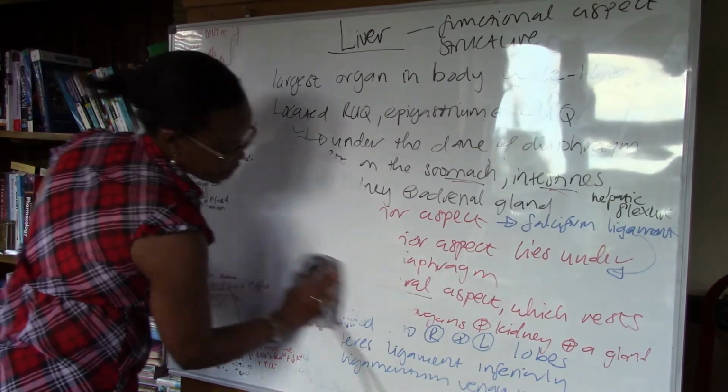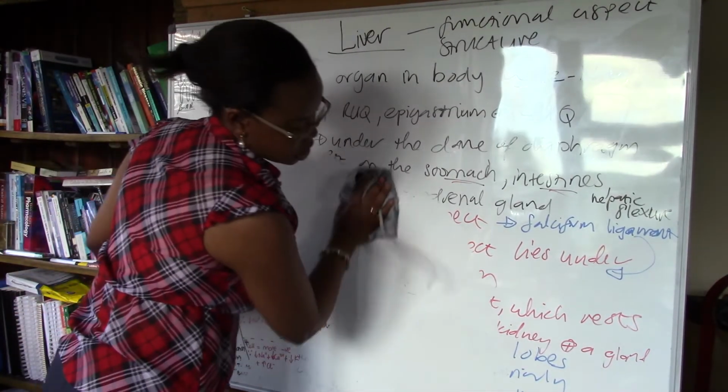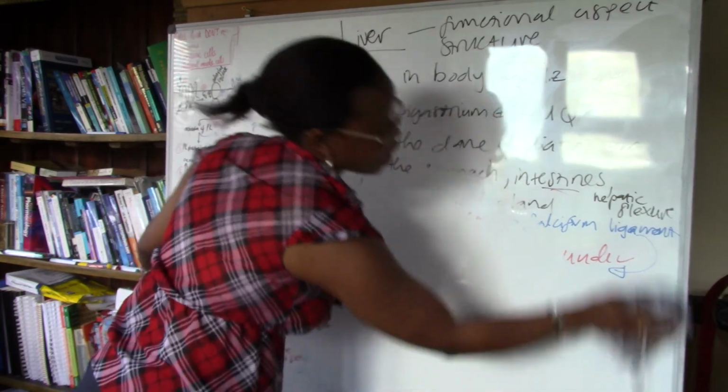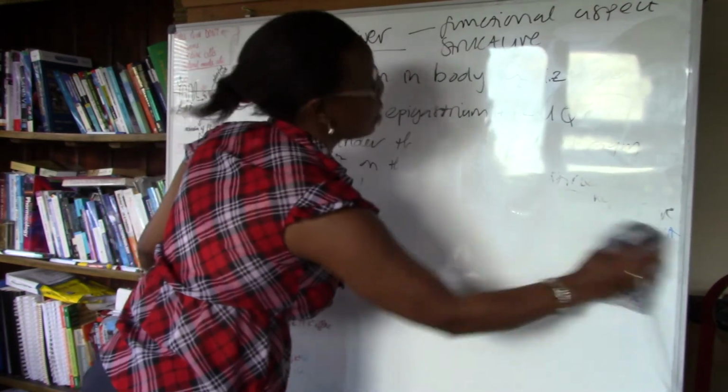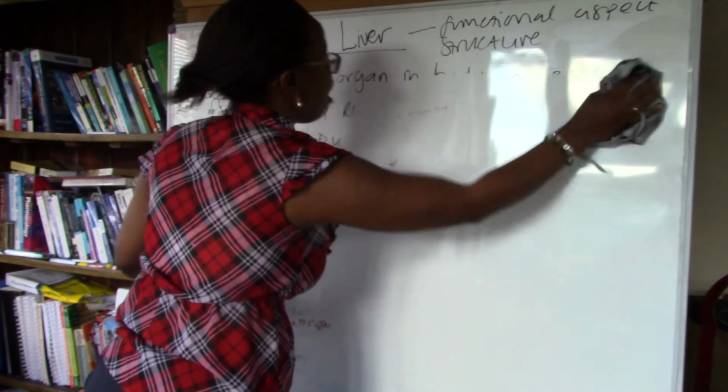I've already mentioned the IVC, which is the inferior vena cava, which collects the blood from the inferior aspect of the body to return it to the heart.